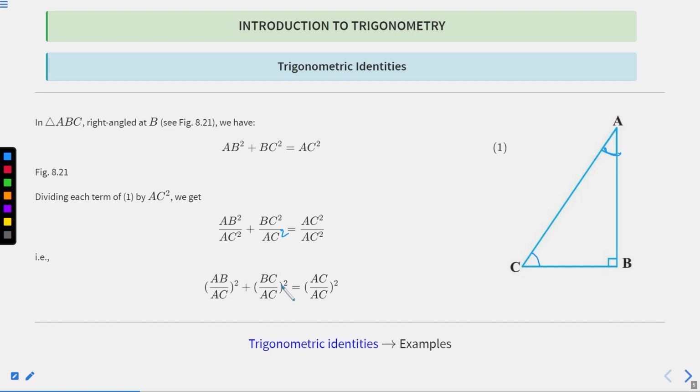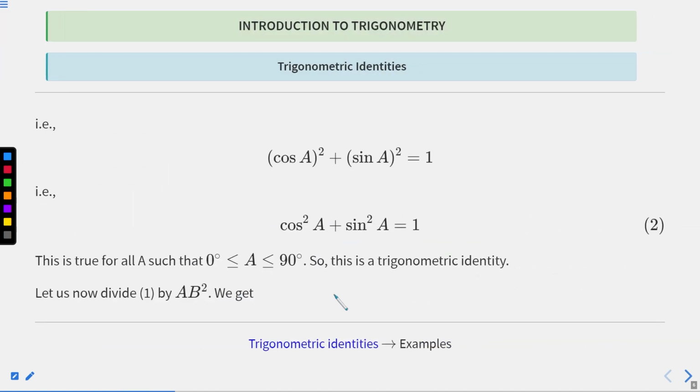So (AB by AC) square is equal to cos square A, and (BC by AC) square is equal to sin square A. And (AC by AC) square is equal to 1. So that is (cos A) whole square plus (sin A) whole square equal to 1, where (cos A) whole square is cos square A and (sin A) whole square is sin square A.